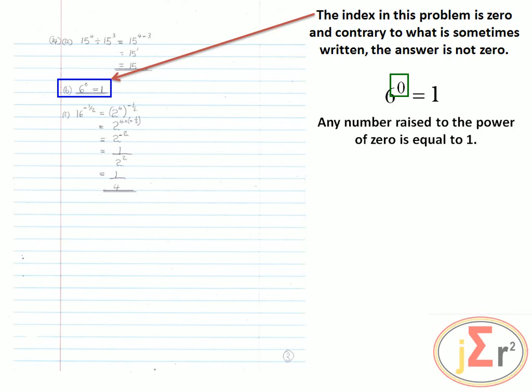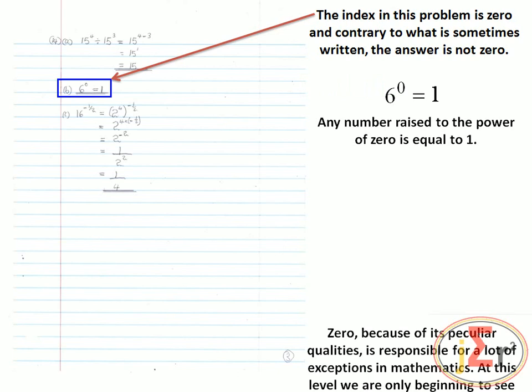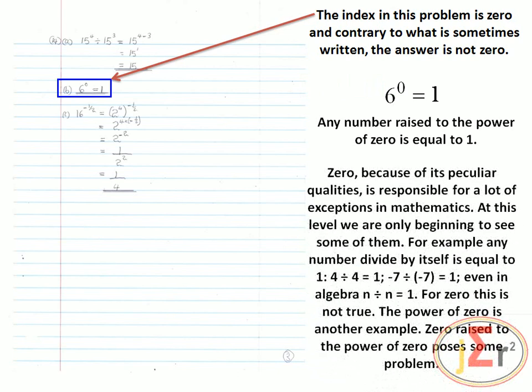And we are making that statement not ignorant of the fact that when we raise 0 to the power of 0, we may have some difficulty. So as long as it is not 0, then the result is 1. 0, because of its peculiar qualities, is responsible for a lot of exceptions in mathematics.